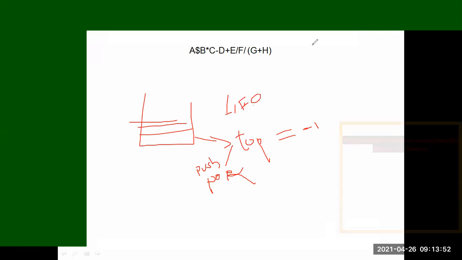Okay, so some of the applications of stack are conversion of expressions. Today we practice another example for conversion of expression.